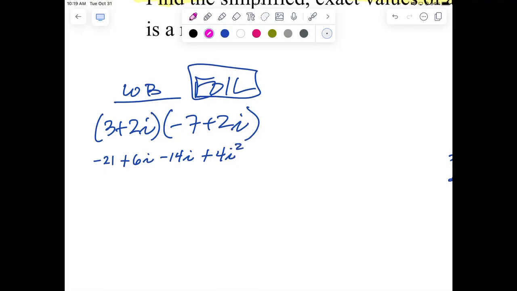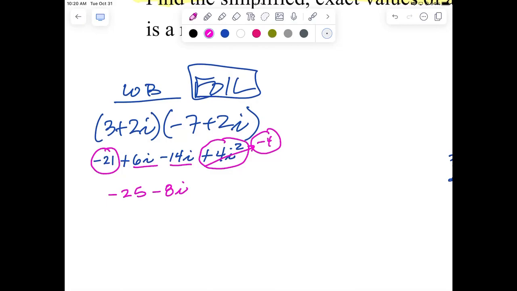And now I simplify. What's another name for positive 4i squared? Negative 4. So if I add my numbers, I get negative 4 minus 21. That gives me what? Negative 25. And then I add my i terms together, and I get minus 8i.